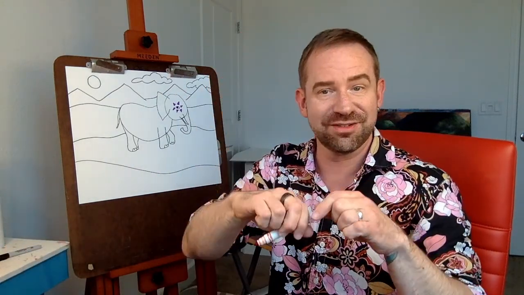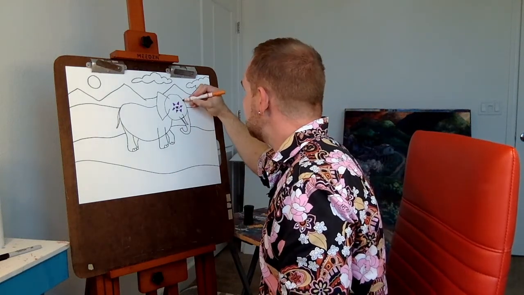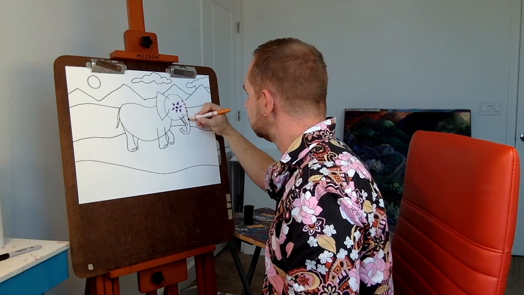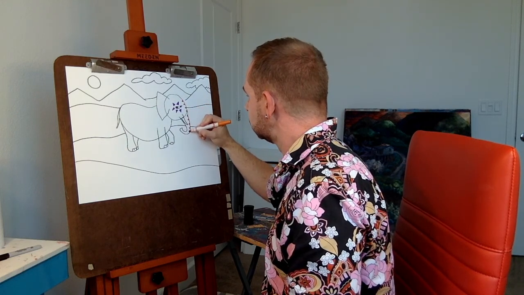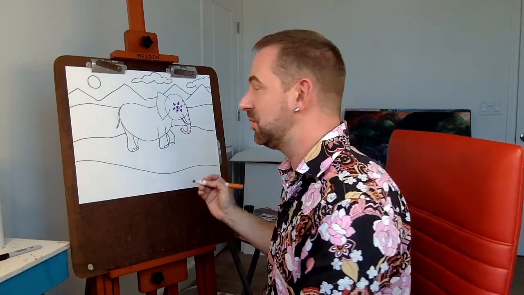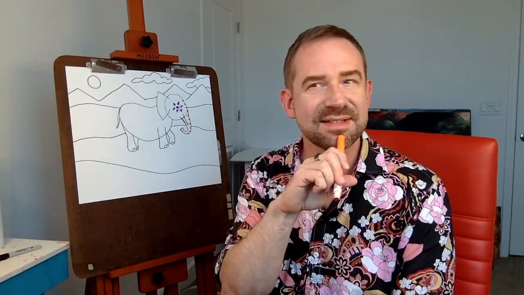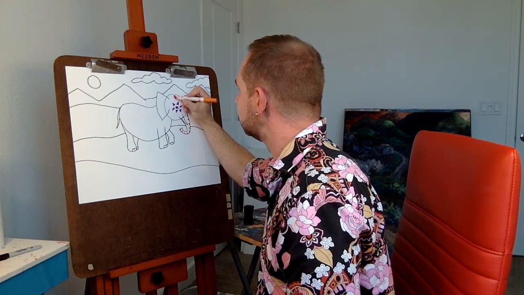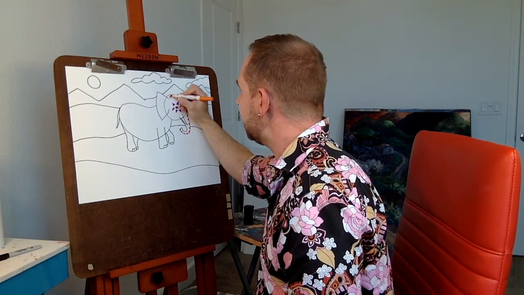All right. Now I think I'm going to get orange and just make some little dots all the way down the front here. That's looking kind of cool. What else? Maybe some little stars on his head.